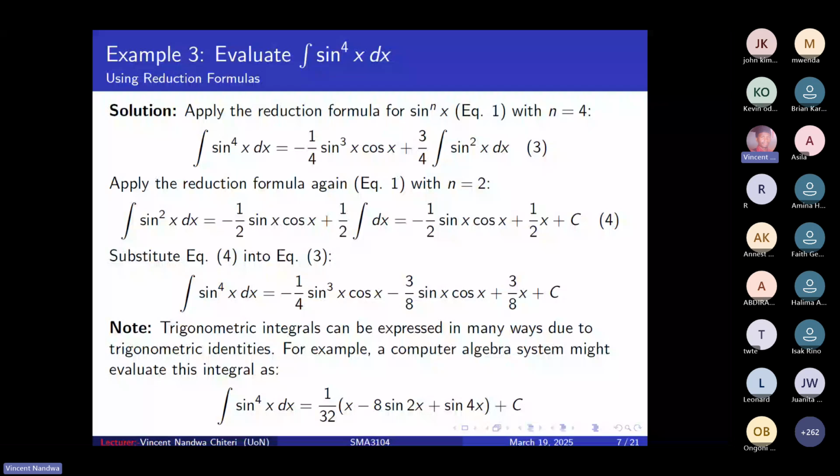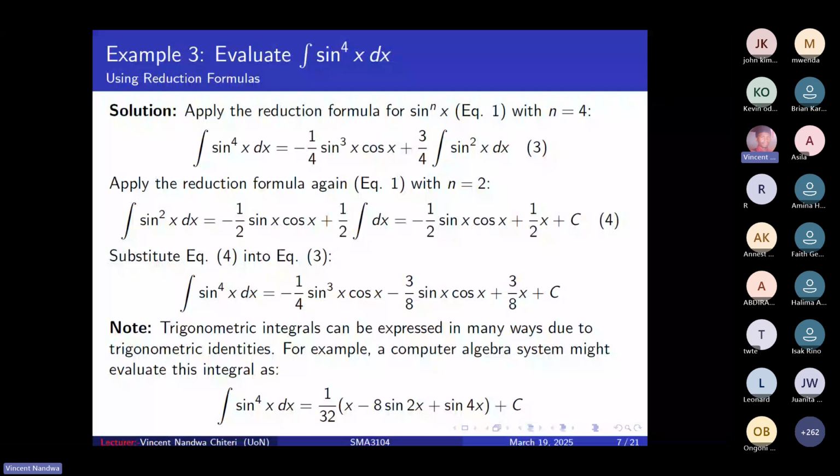For someone who picks sine power 4 x as sine squared x times another sine squared x, if you recall what you did in class, the way we deal with the integration of sine squared x is by using the expression 1 minus cos 2x over 2, and then you should be able to see where this answer is coming from.